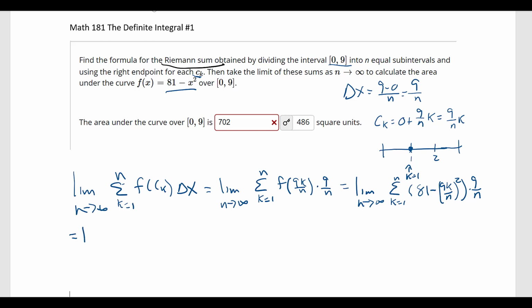So we'll end up with the limit as n goes to infinity of the sum as k goes from 1 to n of 81 minus 81k squared over n squared times 9 over n.